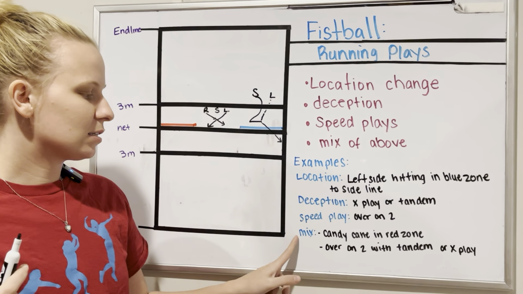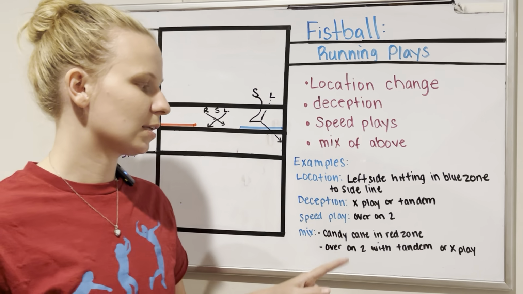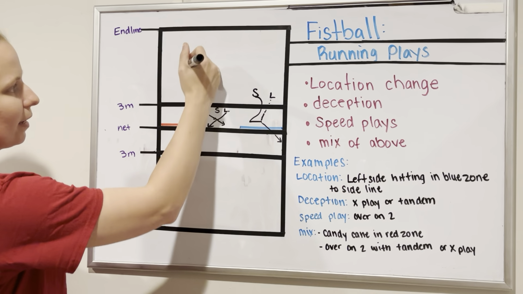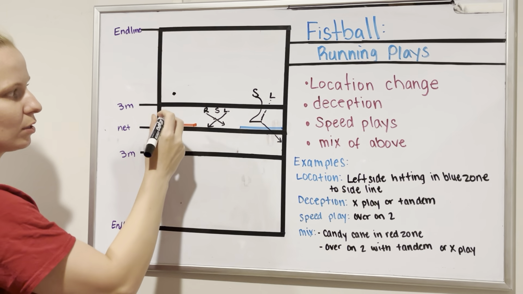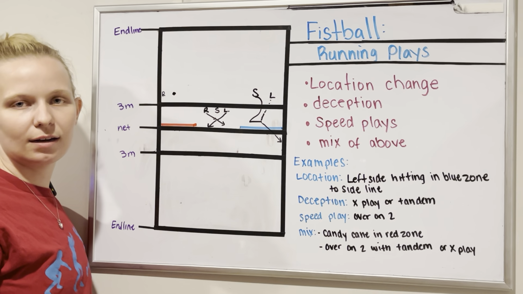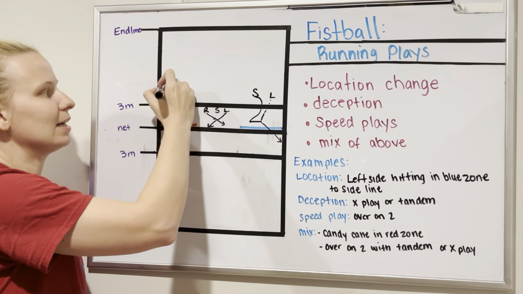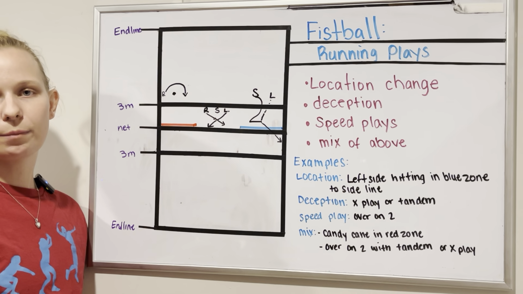The last is that we have 2 examples of mixed plays. The first one is the candy cane in the red zone. Basically, the ball is getting set in the red zone, and instead of the right side striker standing on this side, unless they're left-handed, a right side striker who has a right hand can come around and get ready to strike the ball from here.